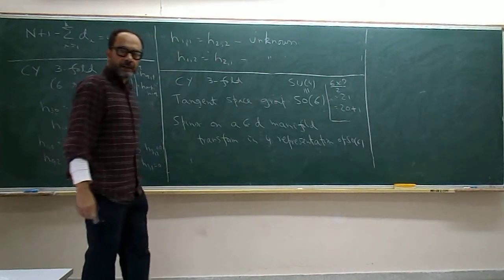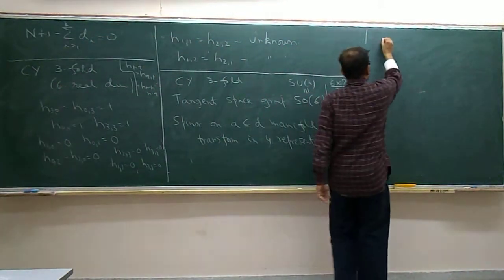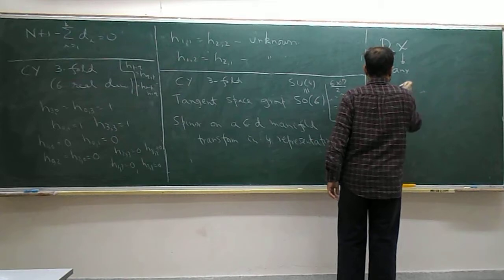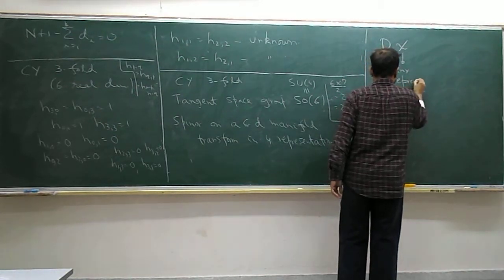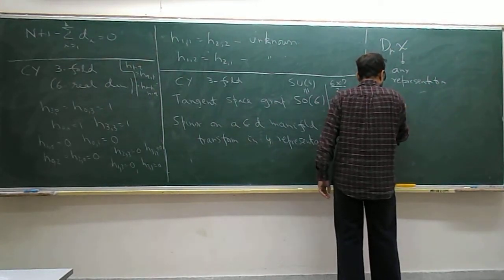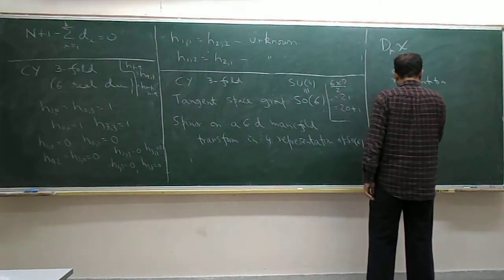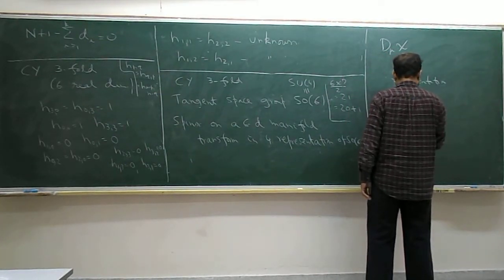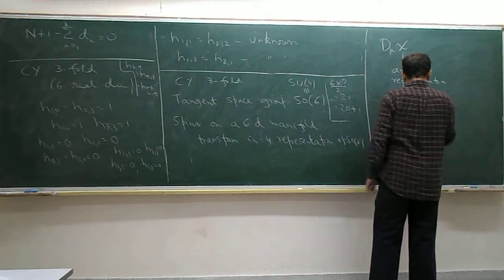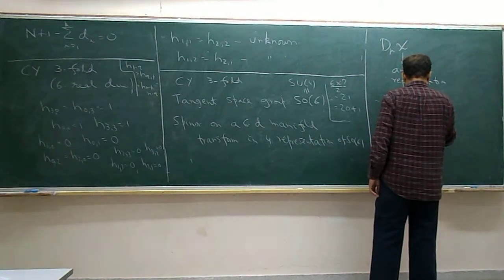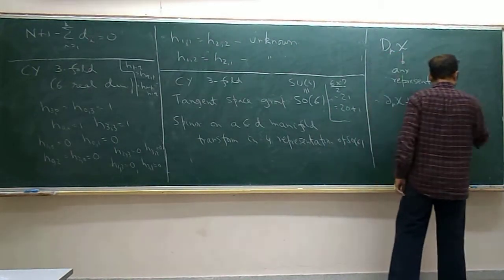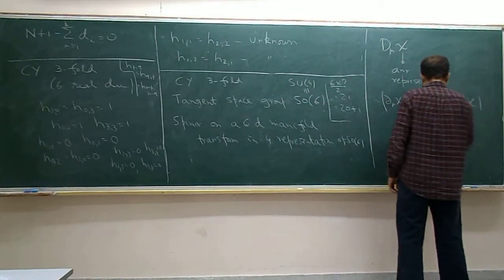So now, if we want to write down the covariant derivative D_m of chi, suppose this is in any representation, this will be given by del_m chi plus omega_m^{ab} sigma_{ab} acting on chi.